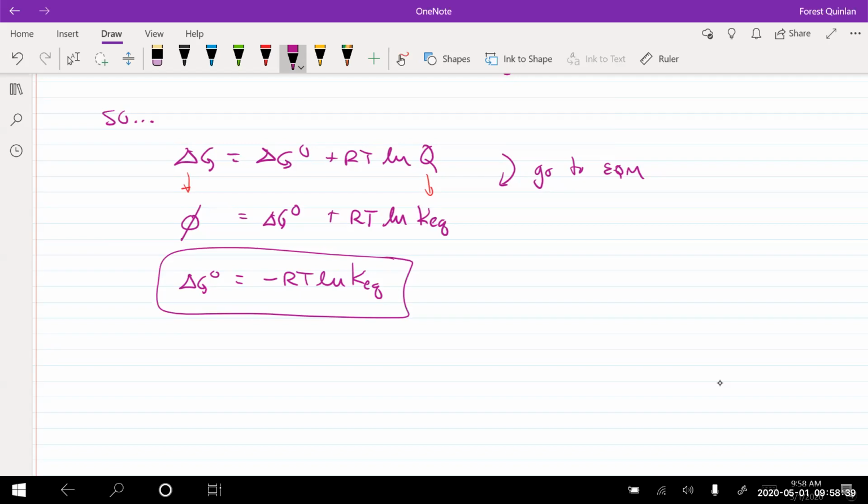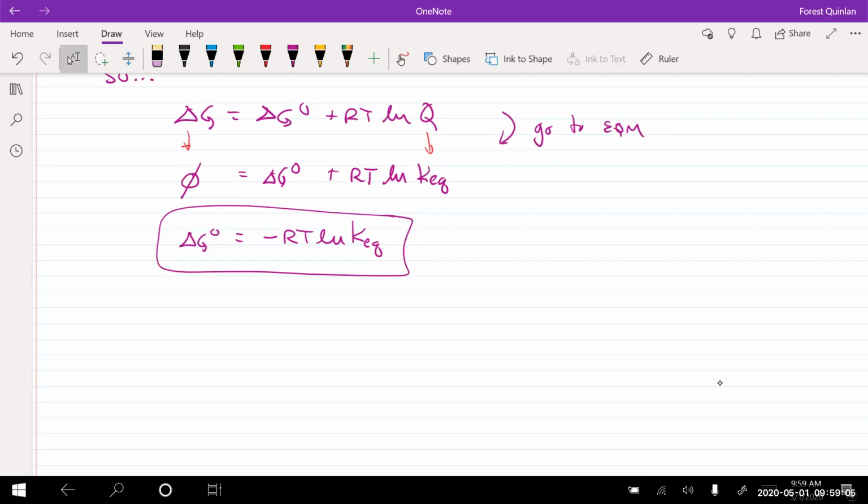So when we start looking at the delta G's, and we're trying to find it as it's going to equilibrium, and that is going all the way back up to delta G equals delta G naught plus RT ln Q, if we put in delta G naught equals negative RT ln Keq, then let me just put that in there.